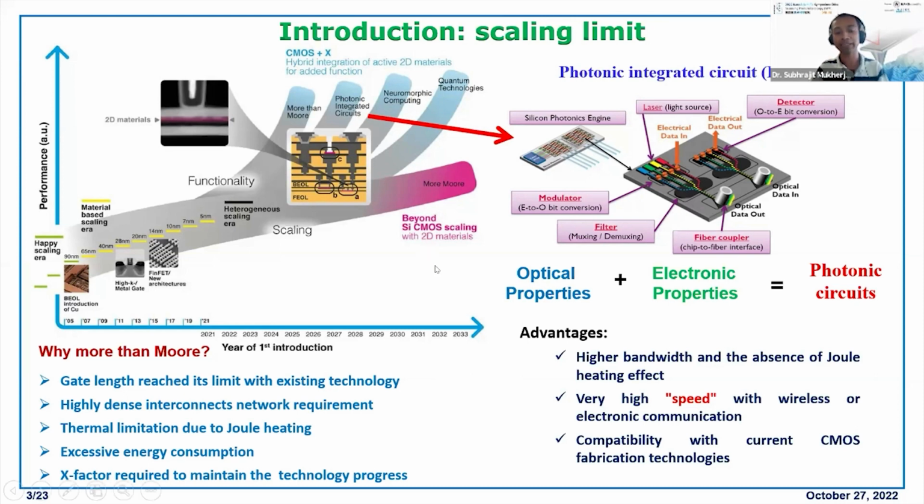If you can replace the interconnectors, then you can actually speed up the devices because light is faster than electron movement. Another important point is that electronic interconnectors cause heat. This is the Joule heating at the metal contact with the semiconductor junctions. But if you use optical signals to pass the signal from one point to another, you neglect this Joule heating problem, and also you can get a faster device.